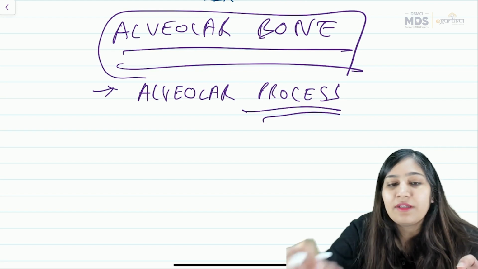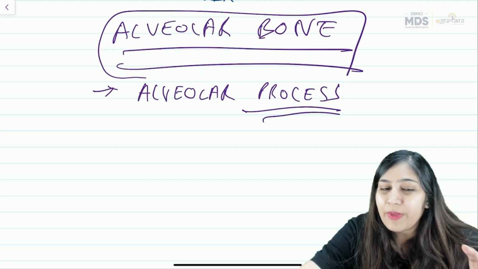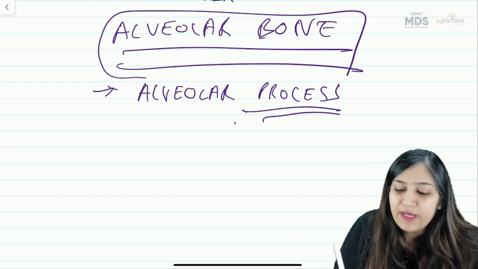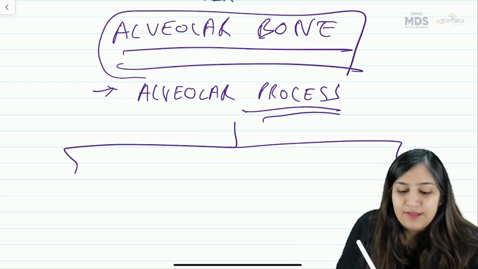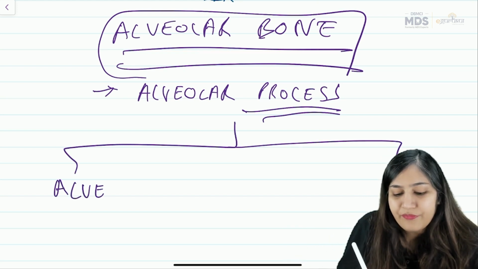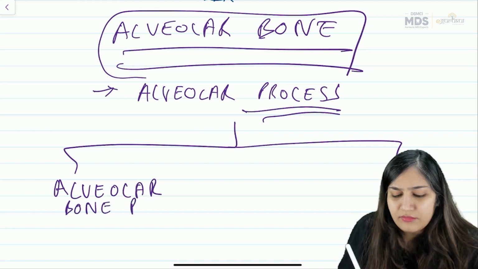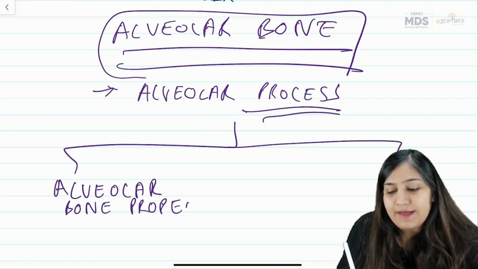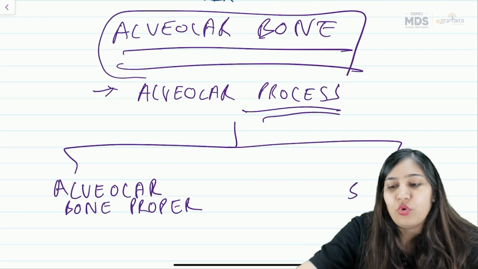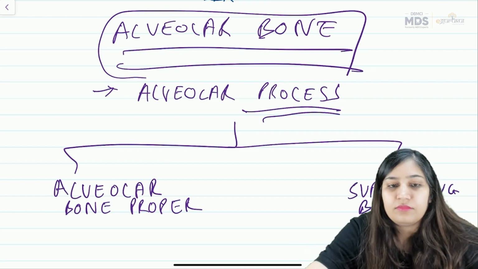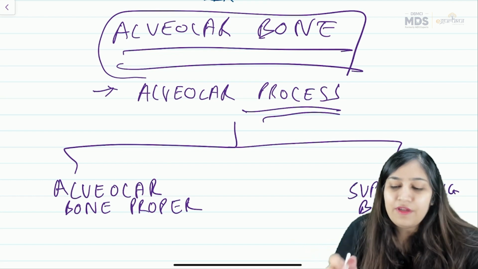If teeth are absent, it will disappear. It is composed mainly of two parts: alveolar bone proper and supporting bone. So alveolar process is what?